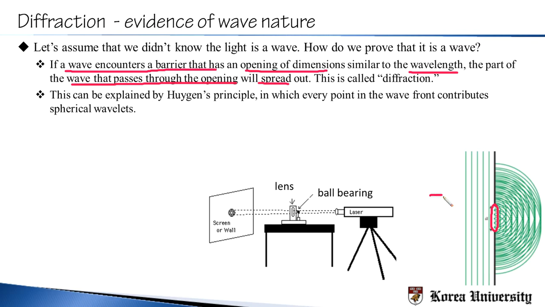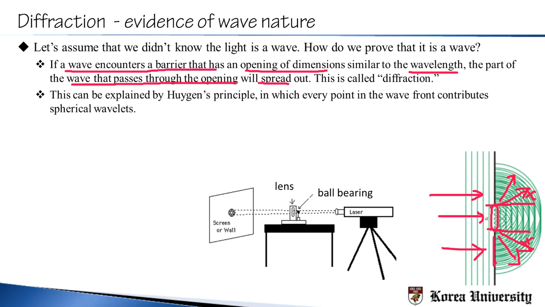Then suppose now this plane wave is traveling like this. Then you might think that because the light is going straight, only this part will go through and this part will be very dark. But in fact, what happens is that part of the light actually arrives here, even though this part is blocked. Why? It is actually the Huygens principle.